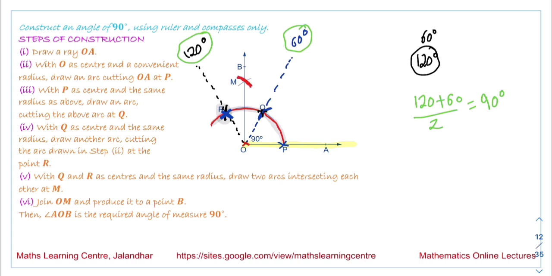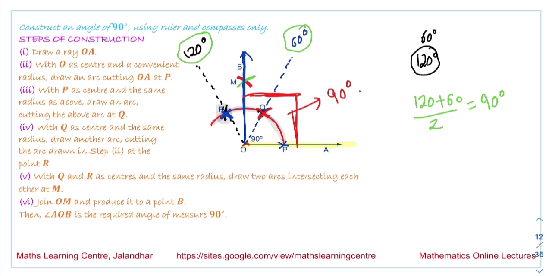Then we keep the tip of the compass at this point Q and mark this arc over here. Then we join these two points O and M, and this angle is 90 degrees.